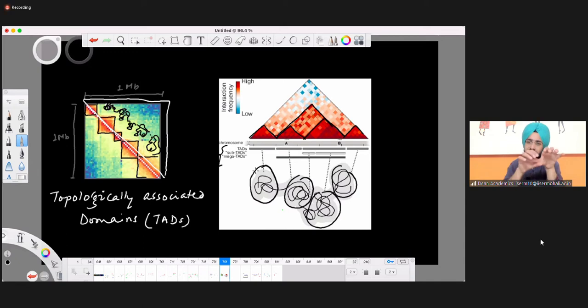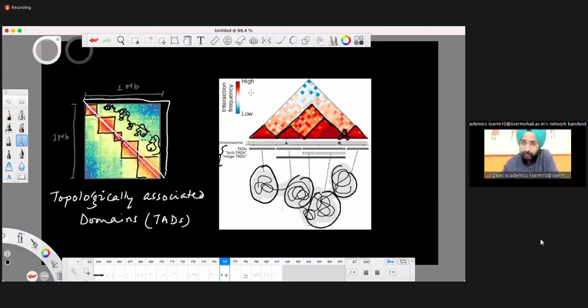The frequency of interactions of the neighborhood, right? For example, this bin over here versus this bin, the interaction frequency is low. So if these two neighboring bins have lower interaction frequency, they will be dropped.